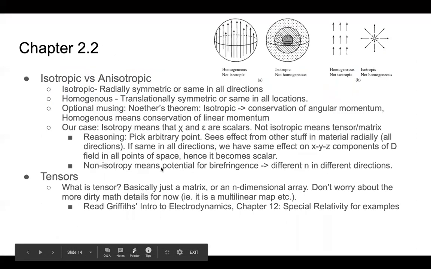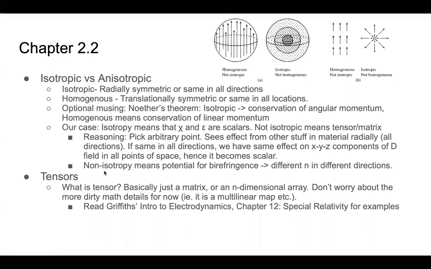Yeah, so we were talking about non-isotropy. That basically means a potential for birefringence, because epsilon is related to n. Non-isotropy means that in different directions you have different permeabilities, which means you get different indices of refraction in different directions, which is a requirement for birefringence.